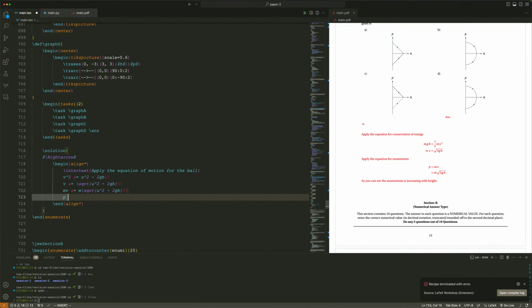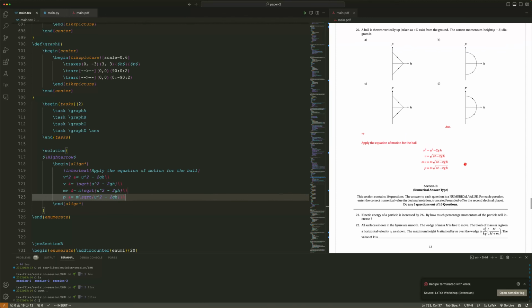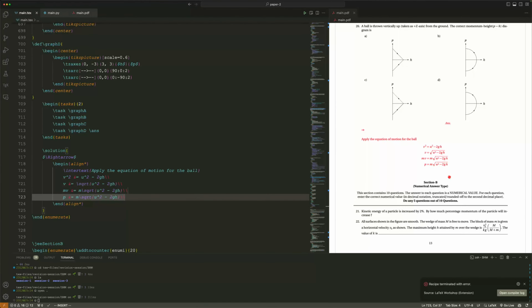So the equation of momentum is like this: P is equal to m times the square root, and then we can put h as 0, then momentum is max, so you can say it's satisfying the momentum part.